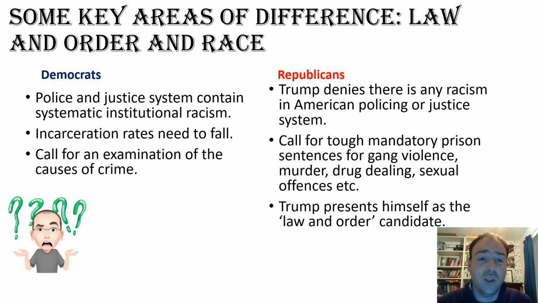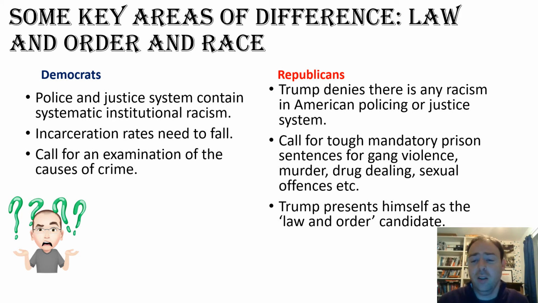So another key issue, law and order. We touched on the death penalty already, and linking this very much with race, because these two things are very much entwined in America. So the Democrats are saying, well, the police and justice systems contain systematic institutional racism, and this has been evidenced in terms of the incarceration rates and the many issues that we've seen in terms of action by policemen against particularly young black men and also black women.